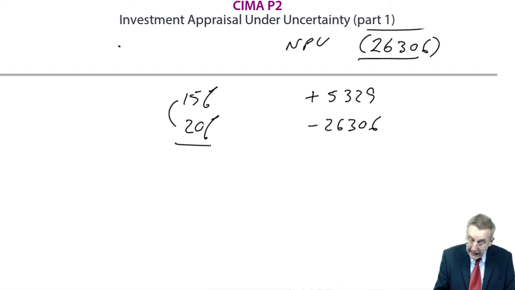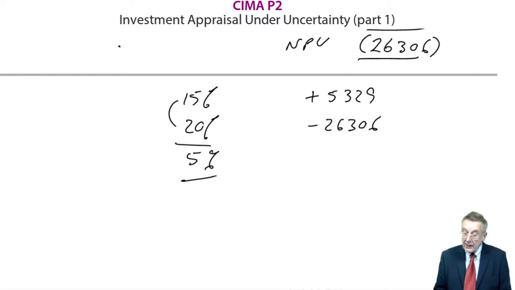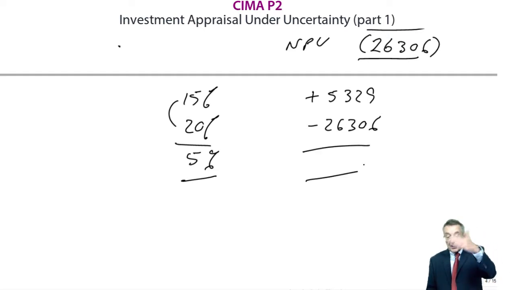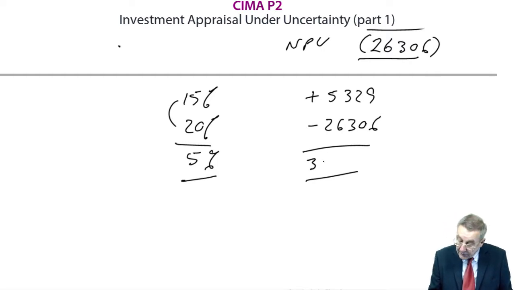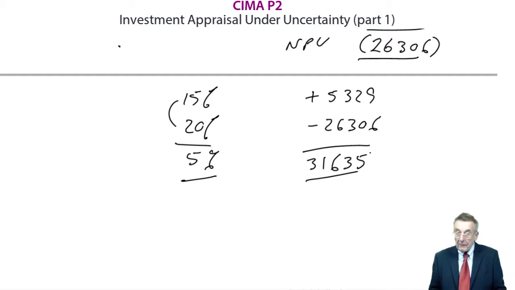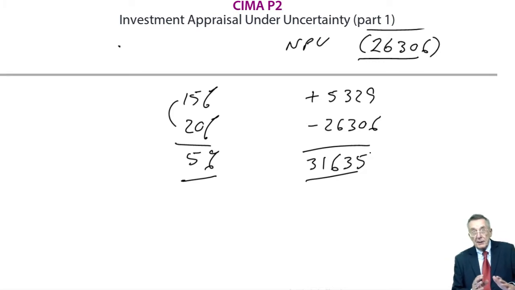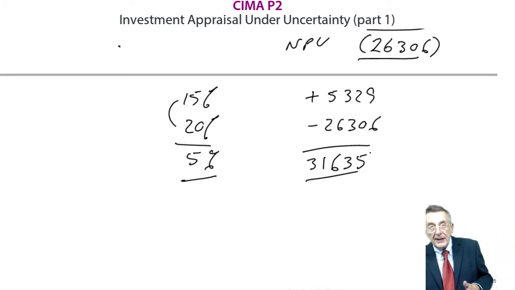So over a change of 5 percentages, it fell from +5 to -26, a total fall of 31,635. So a fall of 30,000 equates to 5 percentages.